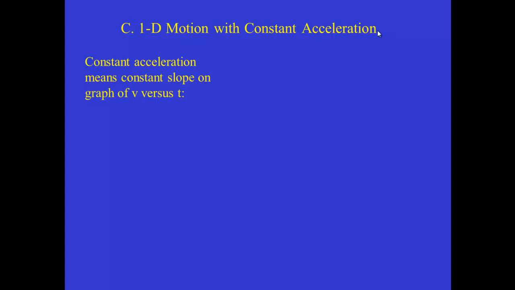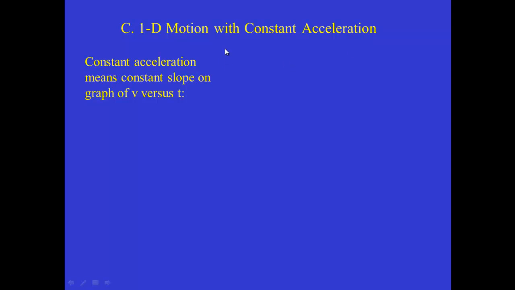So it's falling in a single direction downward, and it just turns out that on the surface of the earth, objects that are released from rest move because they're attracted by the earth with a constant acceleration. So one of the applications of this one-dimensional motion with constant acceleration will be to consider objects that are moving freely under the influence of the Earth's gravity.